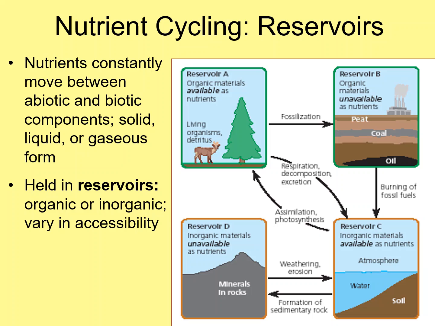All right. Coal generally are plant deposits. Oil tends to be animal deposits, but basically dead, decaying organic material that's been trapped under layers of sediment. So this would be an example of an inaccessible reservoir, right? Nothing living can get there except for us, now that we have the technology to drill down through those layers and access that organic material.